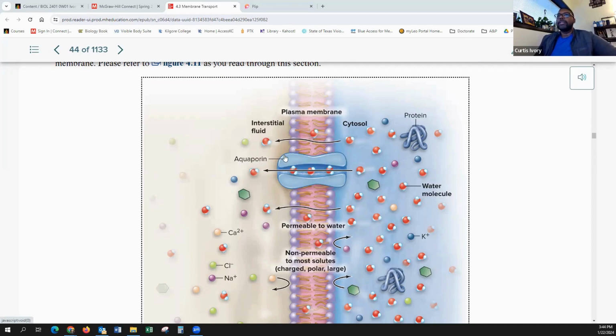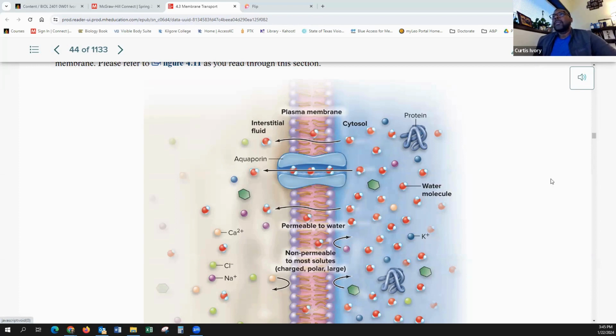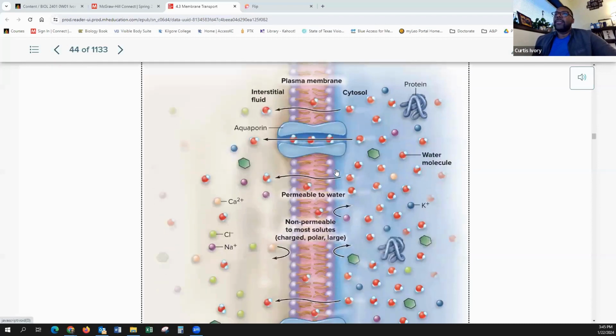So aquaporin is literally a pore where water can pass through easily. Remember, water is very polar, so it's not going to be able to go through the plasma membrane very easily. That's why they show only one water molecule being able to pass through here. But we have a channel that allows water to pass through a lot easier without having to go through the plasma membrane.